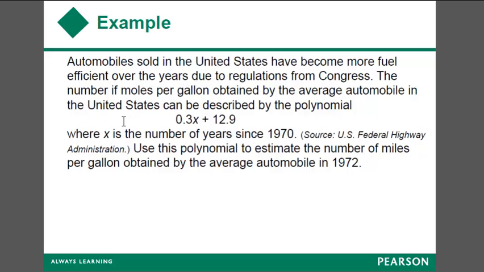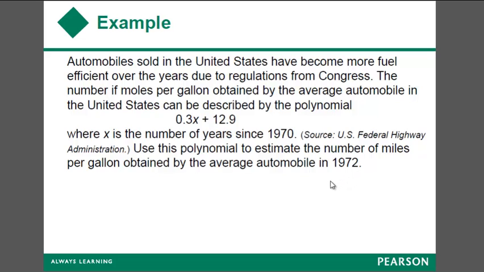The number of miles per gallon obtained by the average automobile in the United States can be described by the polynomial 3/10 x plus 12 and 9/10, where x is the number of years since 1970. Use this polynomial to estimate the number of miles per gallon obtained by the average automobile in 1972.